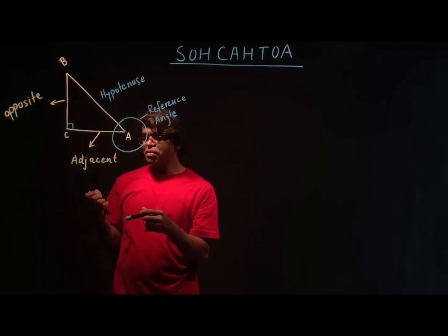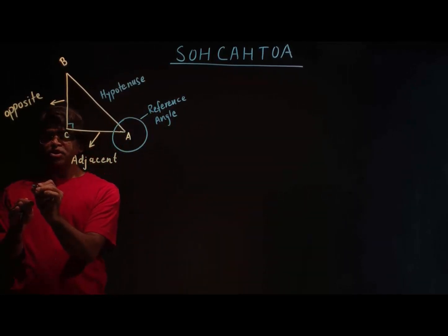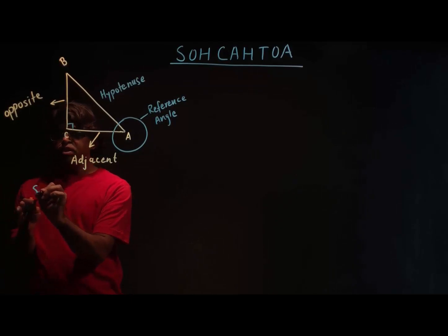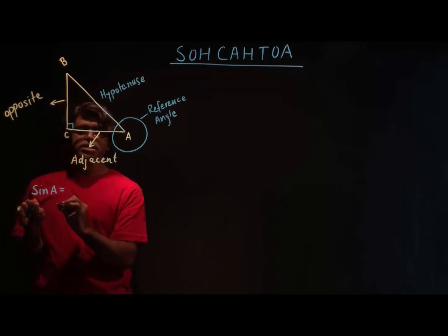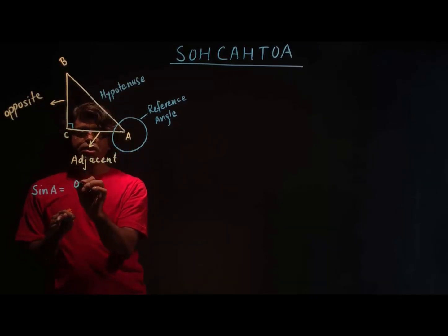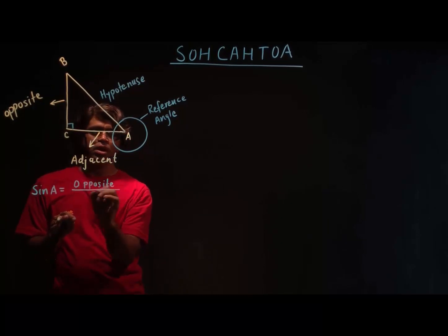Now, if you remember, we talked about the three basic trigonometric functions. Our first function was sine A. Sine A is opposite over hypotenuse.